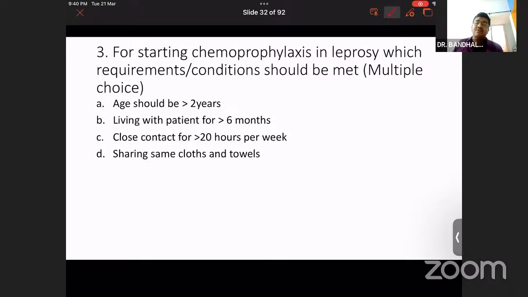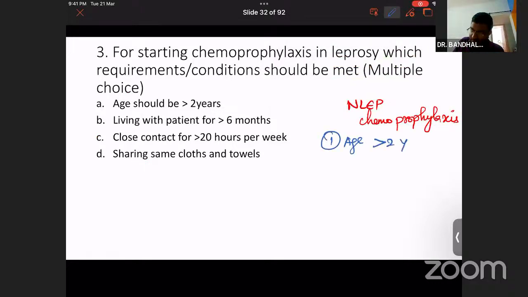In this, we have to know one thing. There is an NLEP criteria for chemoprophylaxis. The National Leprosy Eradication Program has given some inclusion criteria for chemoprophylaxis. The first one is age more than 2 years. That is the important thing. So that option will obviously be correct here.